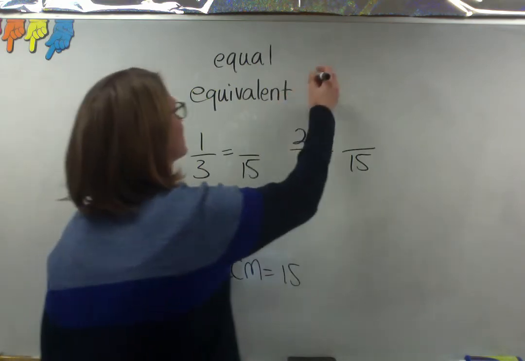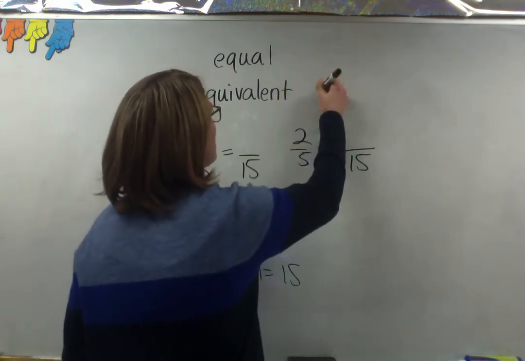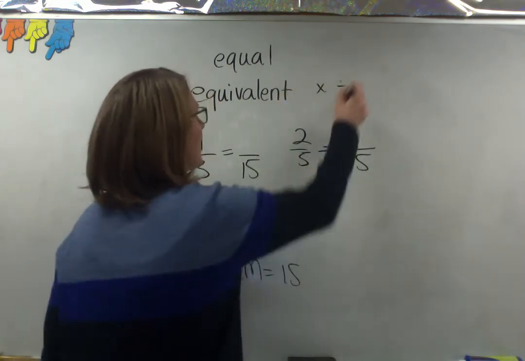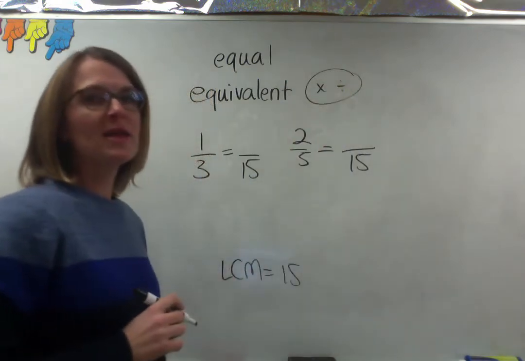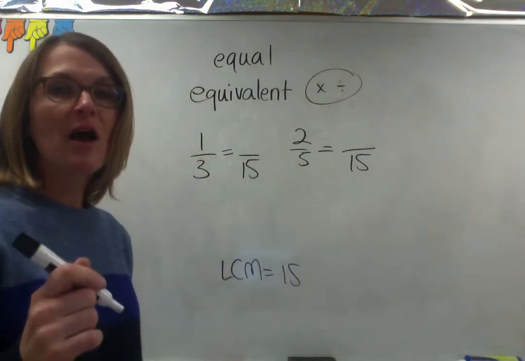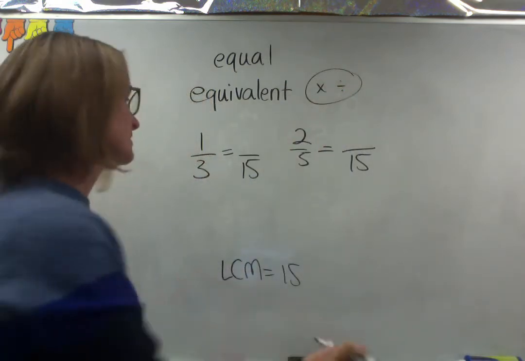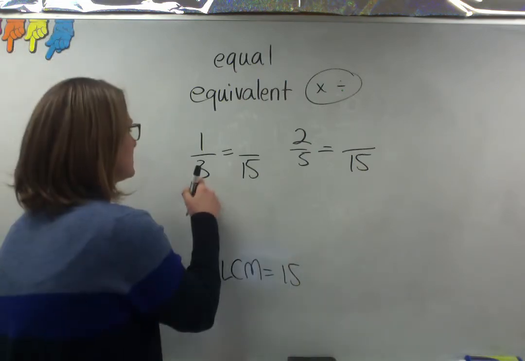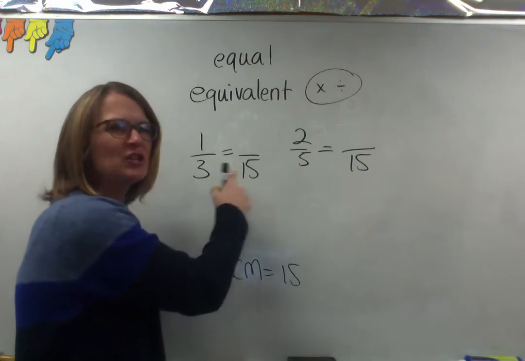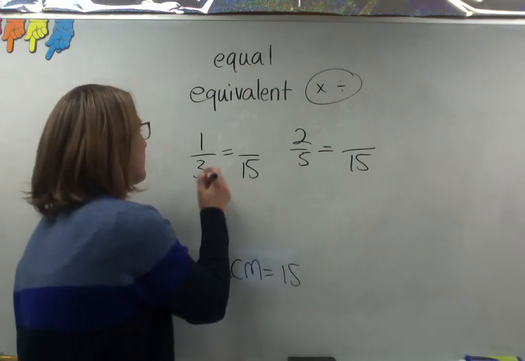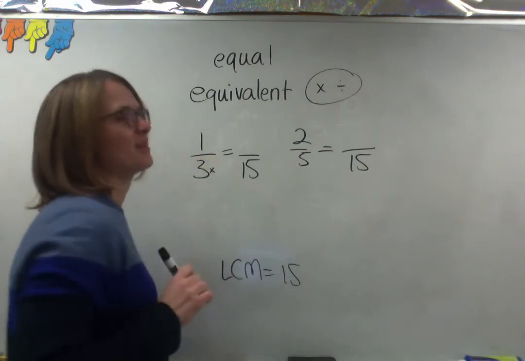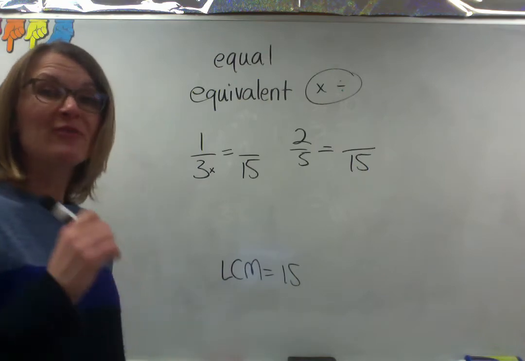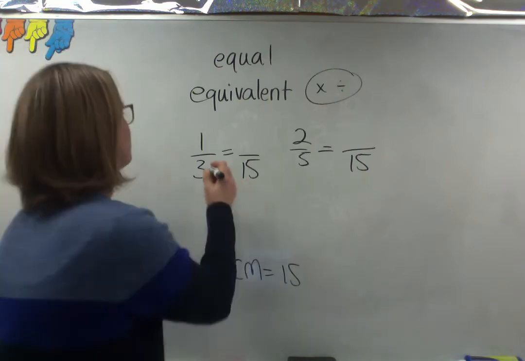So equivalent fractions are made by either multiplying or dividing, okay? In our case, when we're making a least common denominator by using the least common multiple, we're multiplying. We ask ourselves, how did I change 3 to 15? What did I multiply 3 by to get 15? Oh, I have to multiply 3 by 5 to get 15.